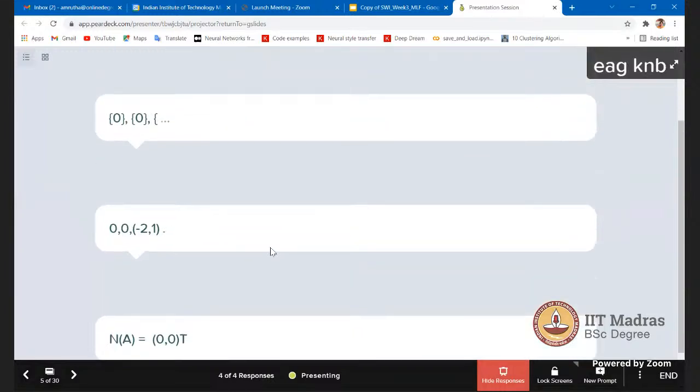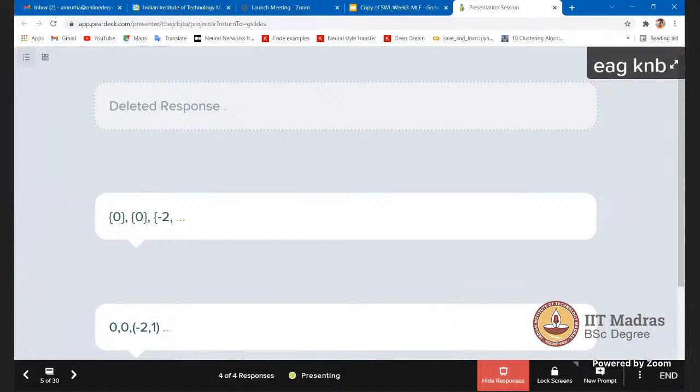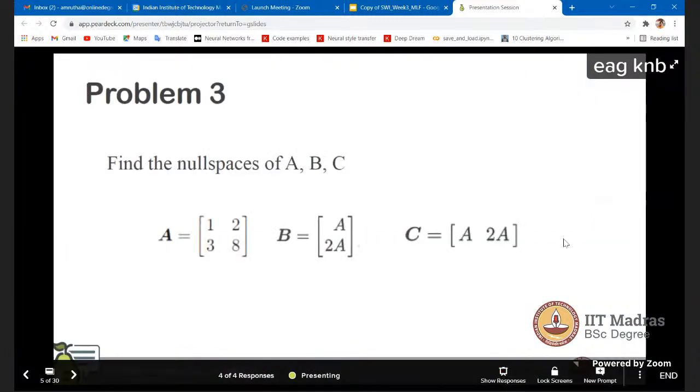Okay, so we have got the answers. Someone is still typing. Okay, let him type. Once you finish typing, then I'll give you the answer. Meanwhile, you can think about the nature of the columns of these two matrices, how they will be.